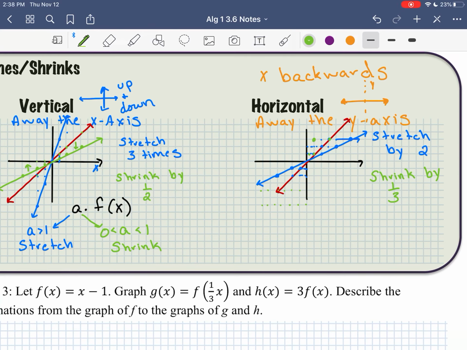It's now going to make it in at 3. Okay, so it's shrinking those points in. So we end up getting something kind of like this. So it's pulling those points in towards that y-axis. Okay, so that's that shrink.